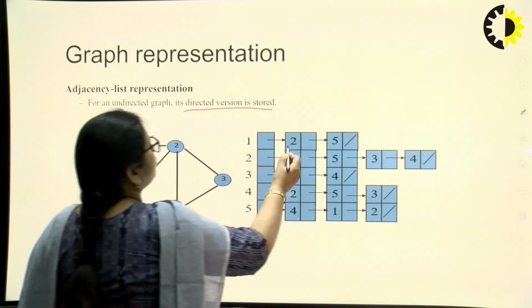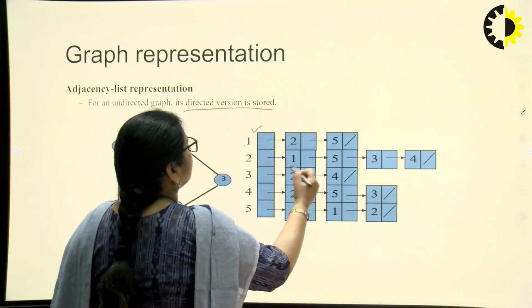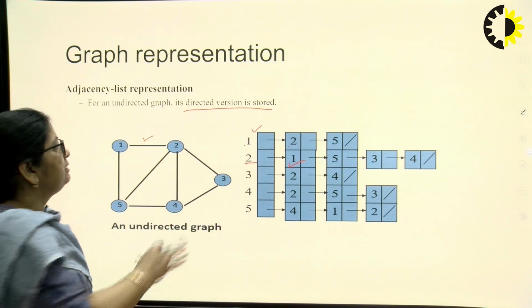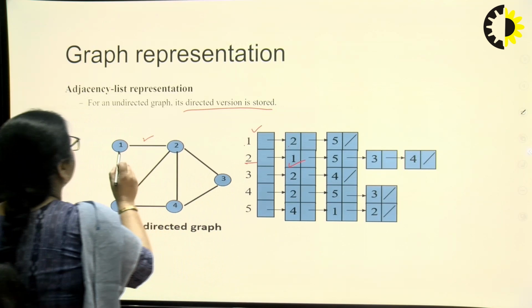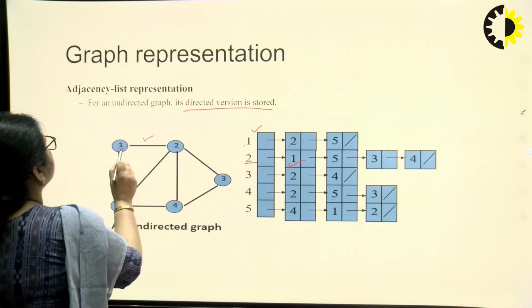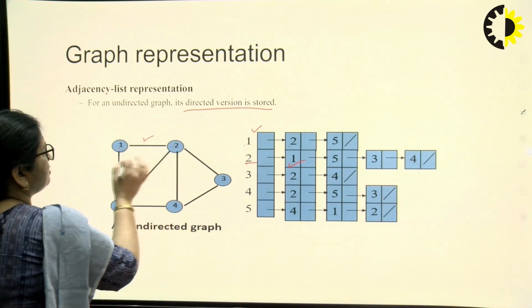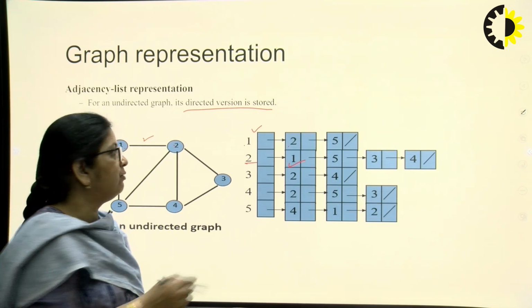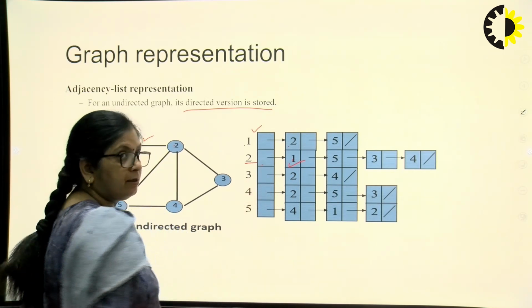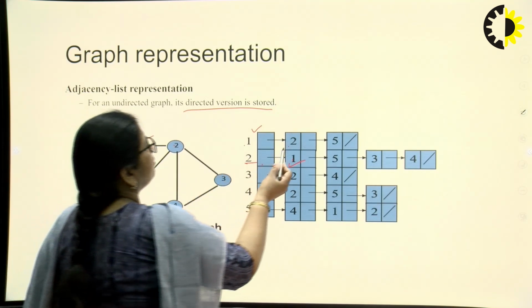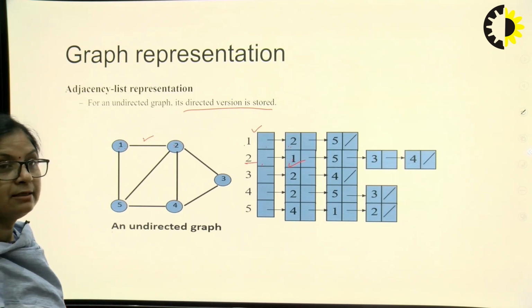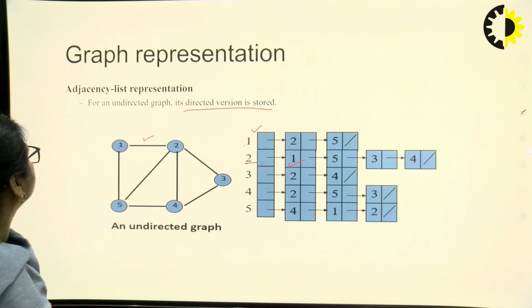We will store 2 in the list of 1 and 1 in the list of 2, because when we are having an undirected edge, it means we can go from 1 to 2 as well as 2 to 1. 1 is adjacent to 2, which we have stored here, and 2 is adjacent to 1, which we have stored here. This is our adjacency list representation.